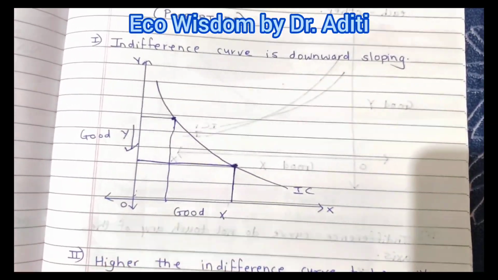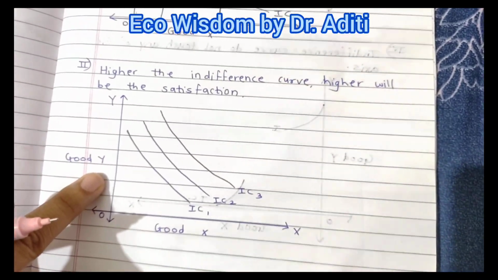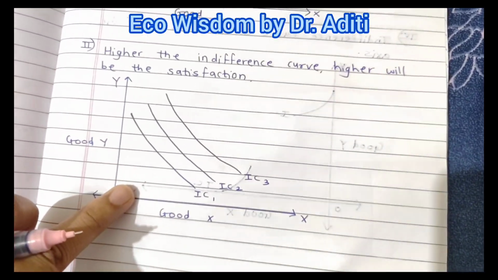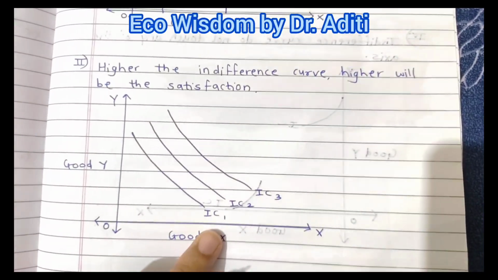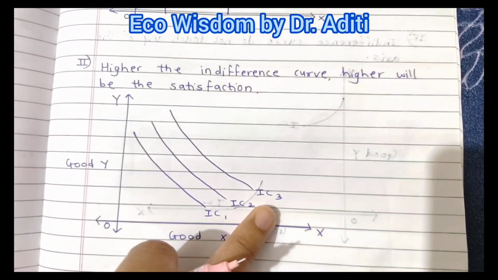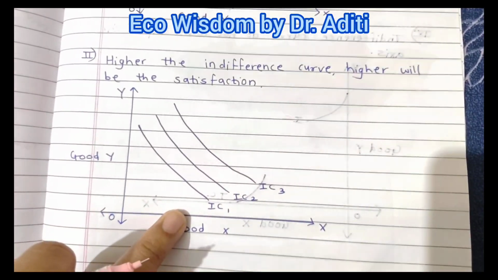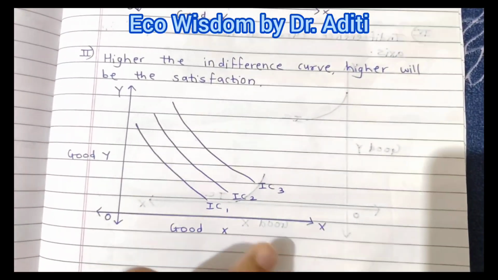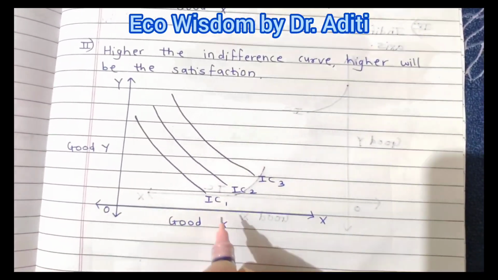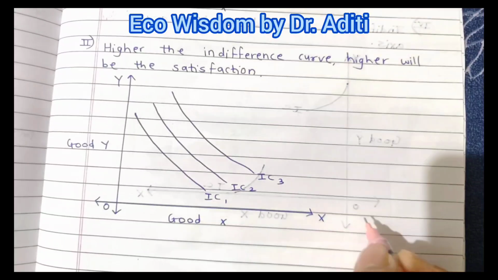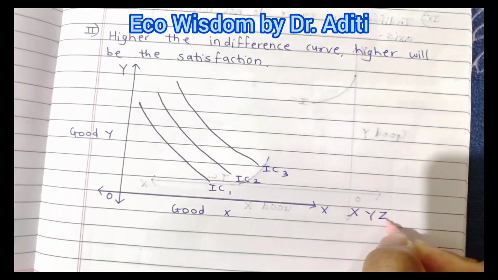Now let's move on to the second property, which is higher the indifference curve, higher will be the satisfaction. So in the particular diagram, there is IC1, IC2, IC3. Whenever there are multiple indifference curves in a diagram, it is known as indifference map. So here is the indifference map in which IC1 is the indifference curve which shows satisfaction level of XYZ.